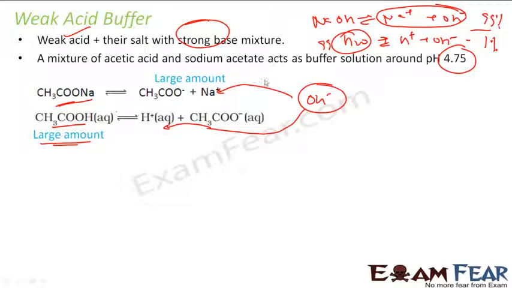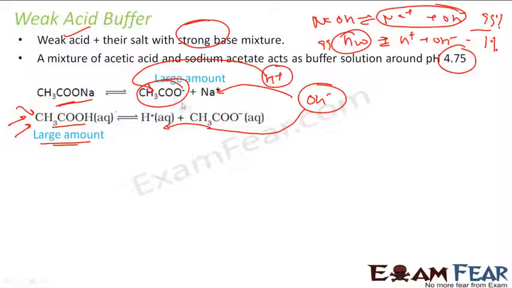And if you add, let's suppose, H plus here, then the CH3COO minus will take this H and form CH3COOH. If CH3COOH is formed in more quantity, the dissociation reaction will kick in and create more ions. So it's quite a balance, right? If you add H plus, CH3COO minus absorbs it. If you add OH minus, H plus absorbs it.